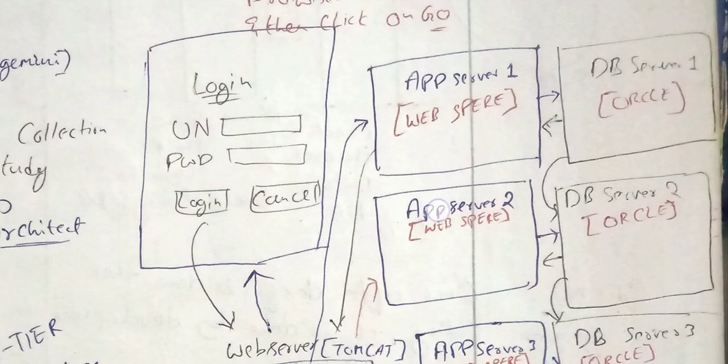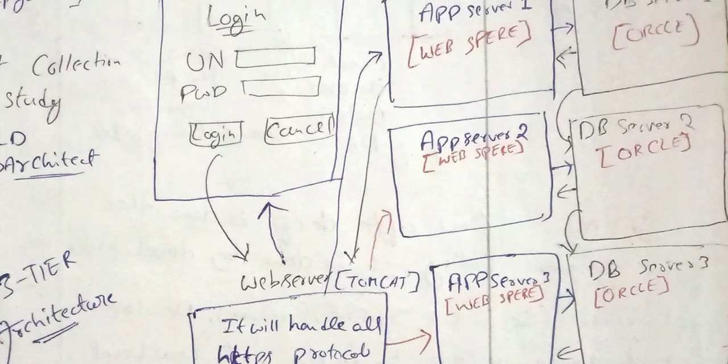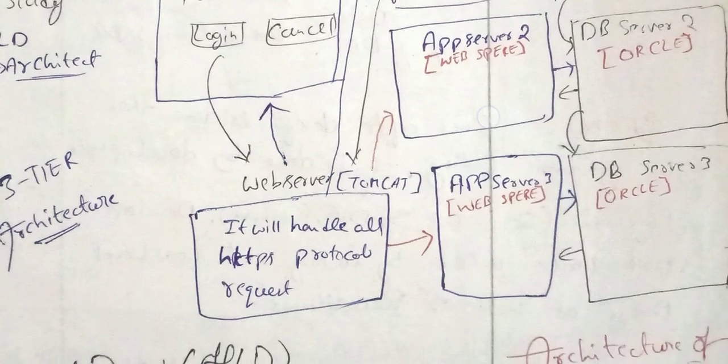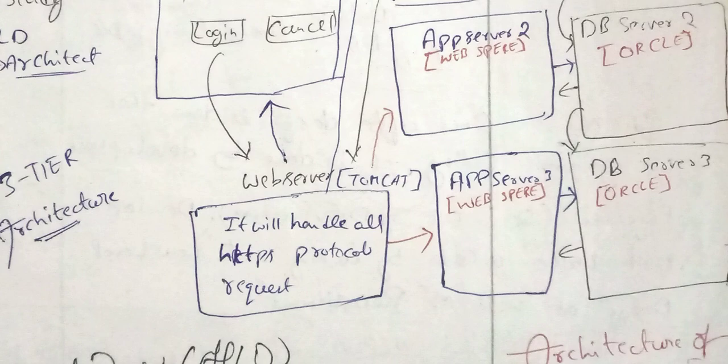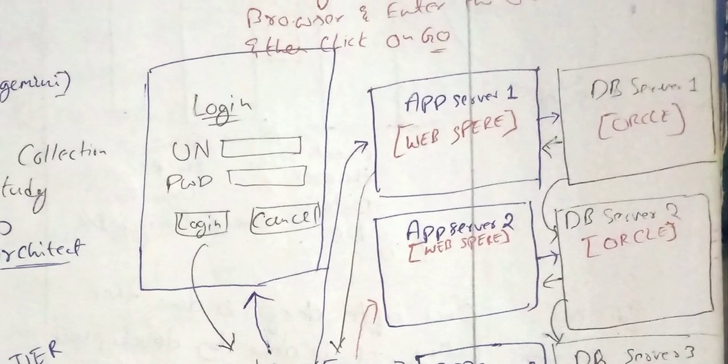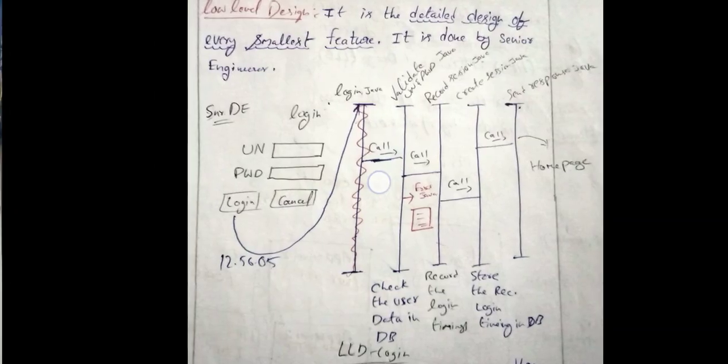Like that, when we give a username and password, and after login, that information goes to the web server. Then the web server converts it into HTTP protocol. Then it throws it to the app server. Then the app server will throw this information to the database server to check whether that account is there or not.